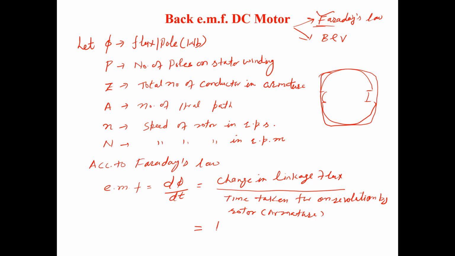Similarly, in general the flux will be P into phi, and the time taken is equal to 1 by n, revolutions per second. So the EMF is equal to nP phi.